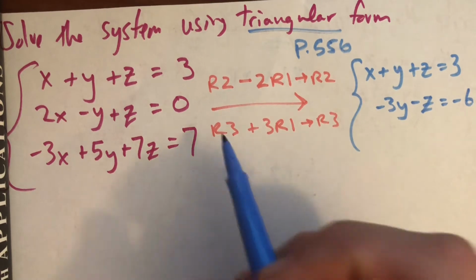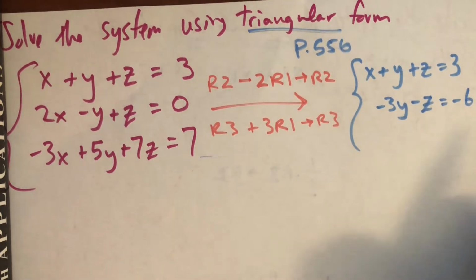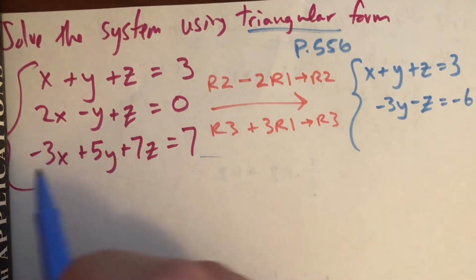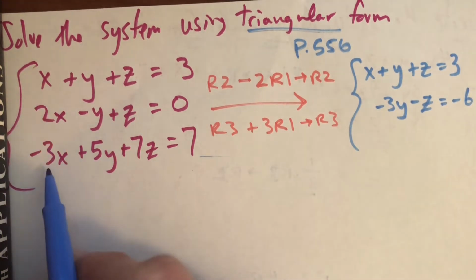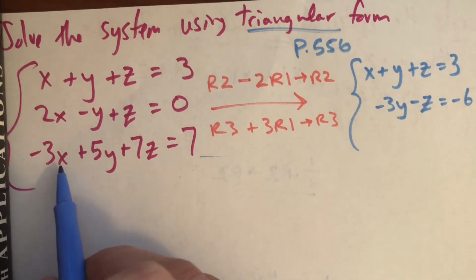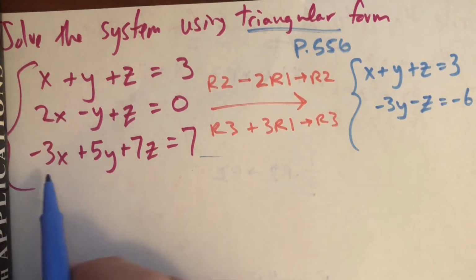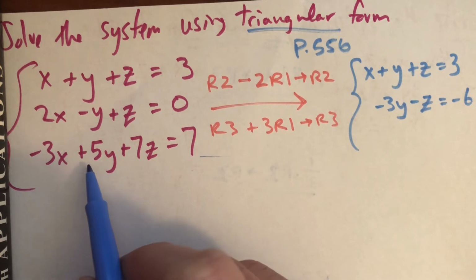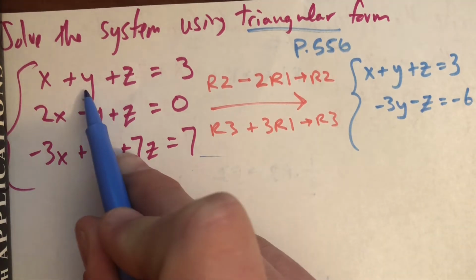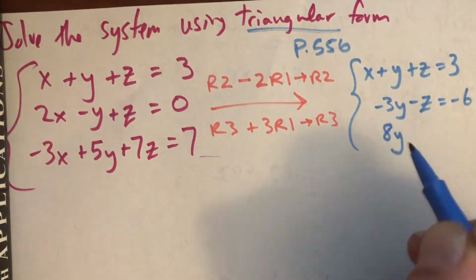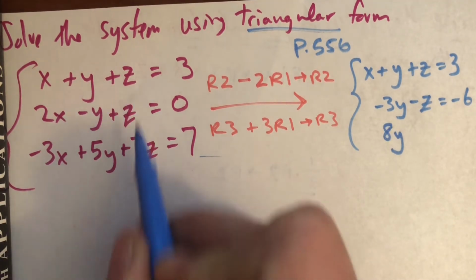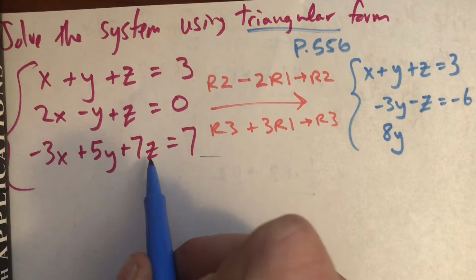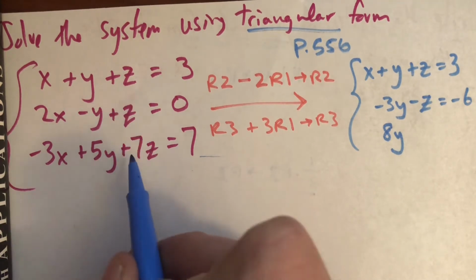Okay, now we're going to go for our row 3. So row 3, I'm going to add 3 times row 1, right? If I add 3 times row 1, that's just going to go away. So negative 3x plus 3x, that's 0. So then I've got 5y plus 3y would be 8y. 7z plus 3z. 7z plus 3 times z, that'd be 10z.